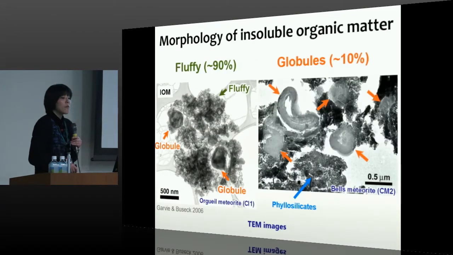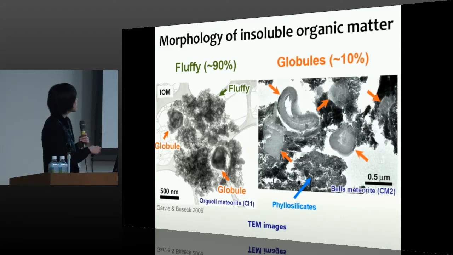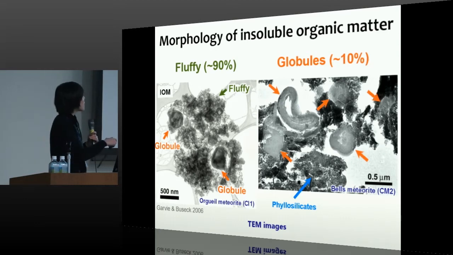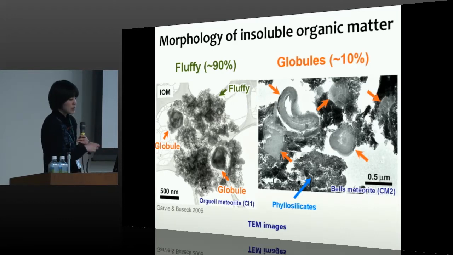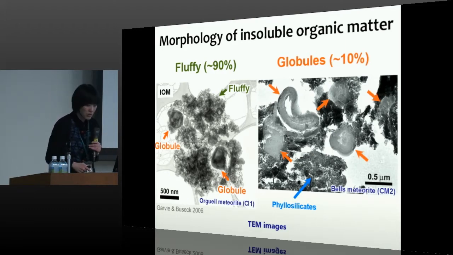So looking at morphology, this is a TEM image of IOM. It's containing a fluffy kind of IOM. Most of the IOM consists of the fluffy type, and some globule-shaped ones are observed.